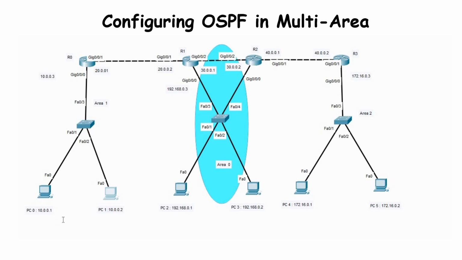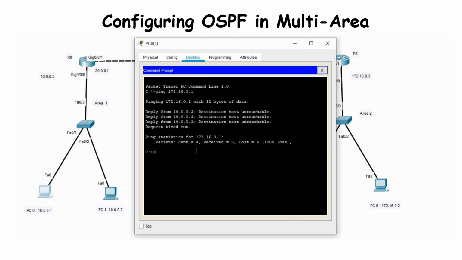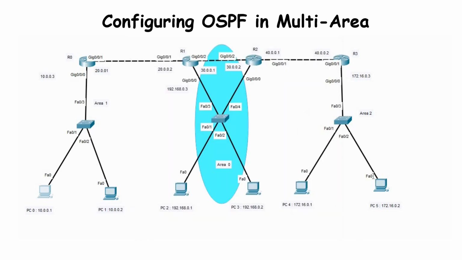Now let's go ahead and try to ping from PC 0 to PC 4 and see if we can establish connectivity. We have pinged PC 4. The first packet is dropped because the routers are creating their ARP cache, and we can see successful communication. Let's try to ping from PC 5 to PC 3.